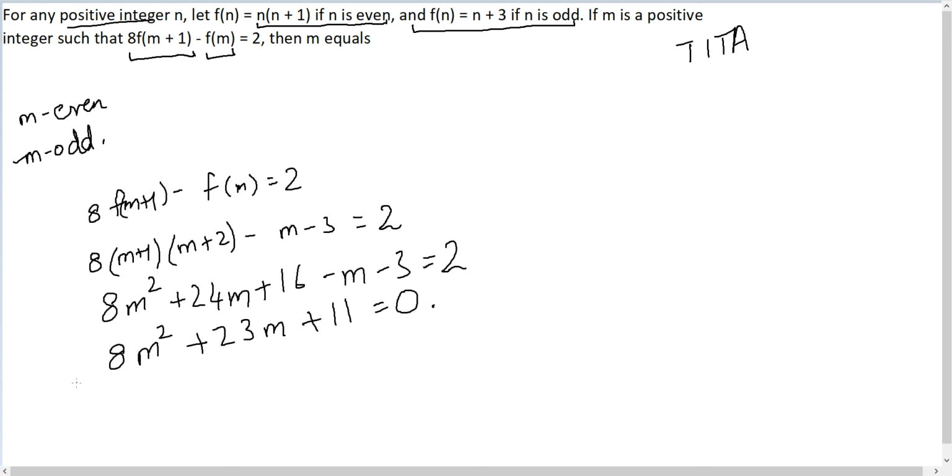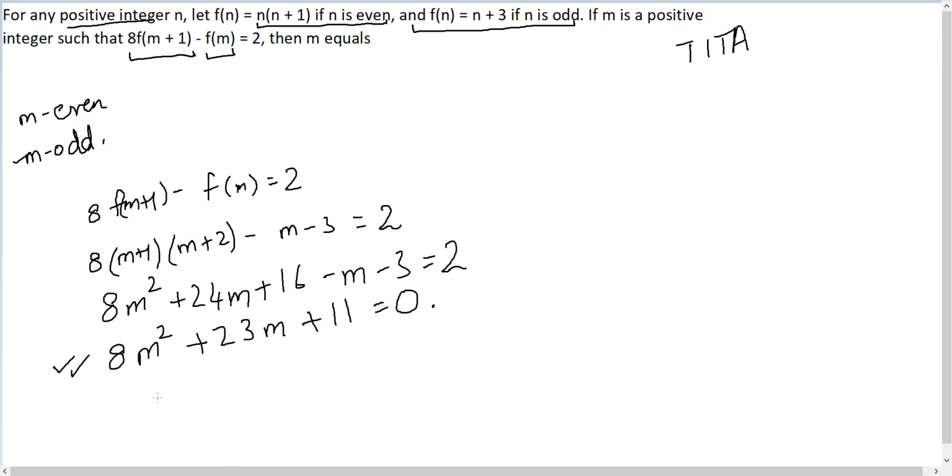Hopefully when you look at this expression, you are able to quickly figure out that the roots here are going to be irrational, because the discriminant, b square minus 4ac, is not a perfect square.